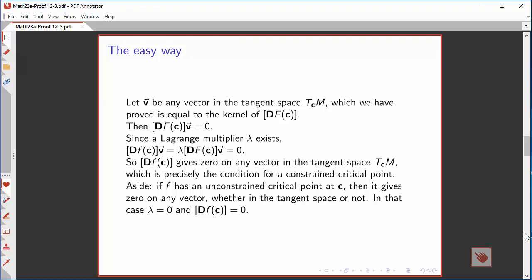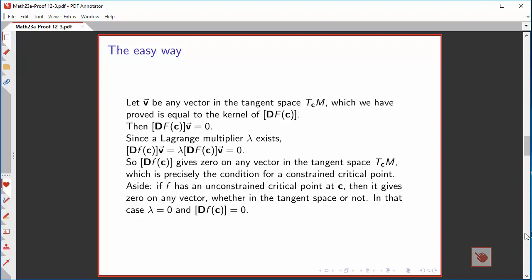The temperature would be an unconstrained maximum or minimum in R3. In that case, the derivative of f will give 0 on any vector, whether the vector's in the tangent space or not. d little f would also give 0 on a vector that went straight up or straight down.